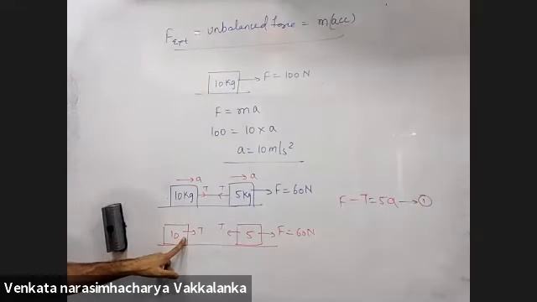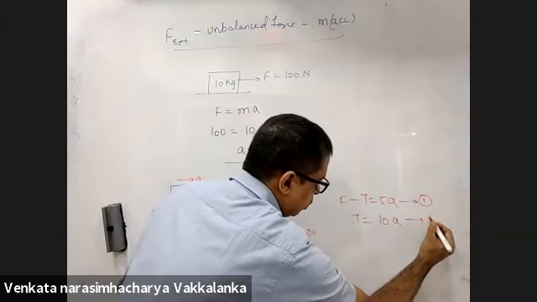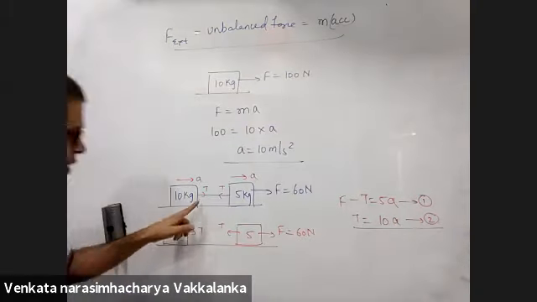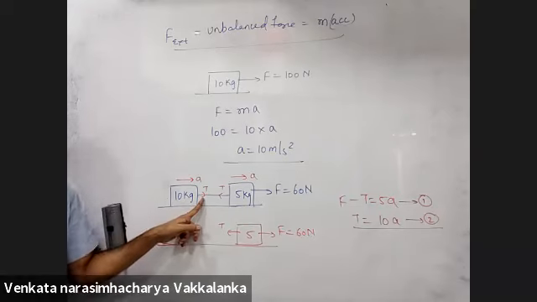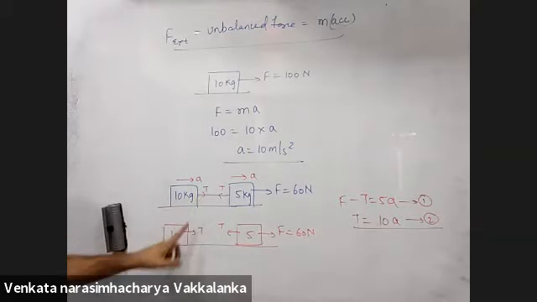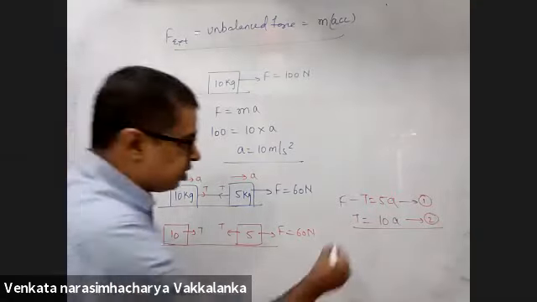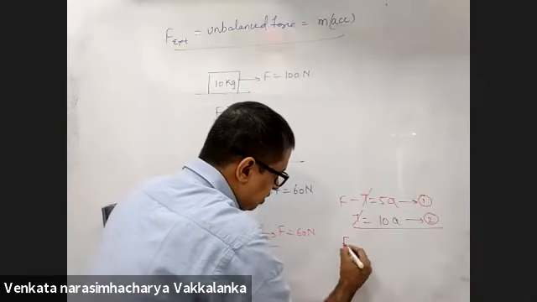How about this acceleration? T is equal to 10 into A. There is only one horizontal force acting on the 10 kg block. That T is mass into acceleration. Add both the equations. Cancel this out.